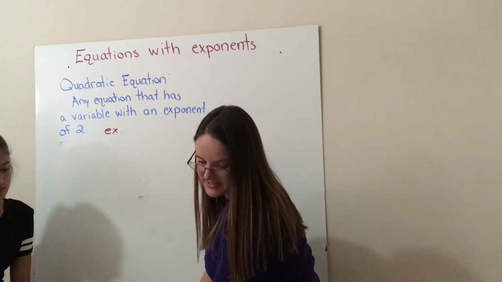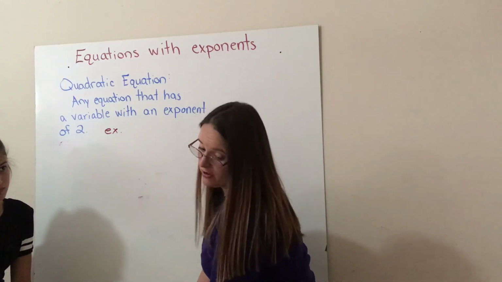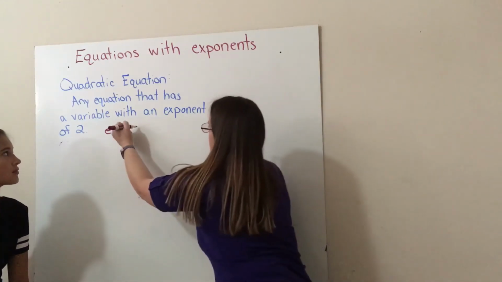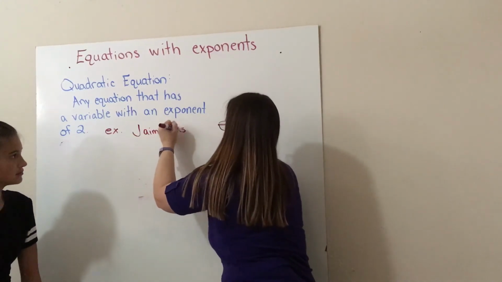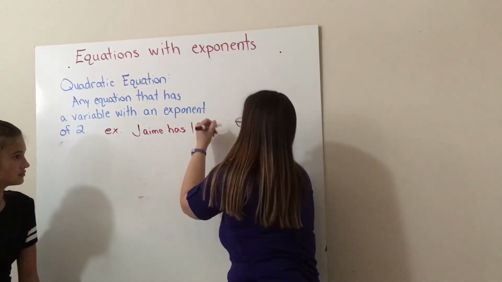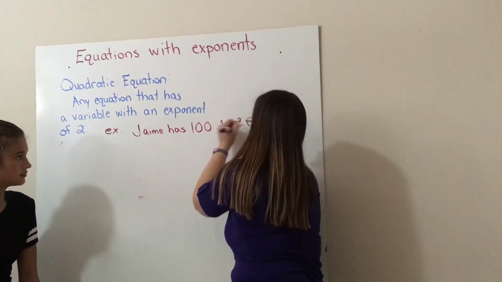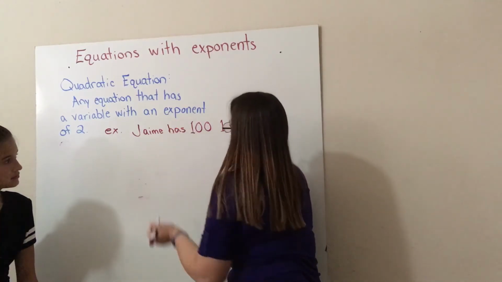If the shape of his mosaic is to be a square, how long should each side be? So we know that Jamie has 100 1-inch square tiles. That is information given to us in the problem.